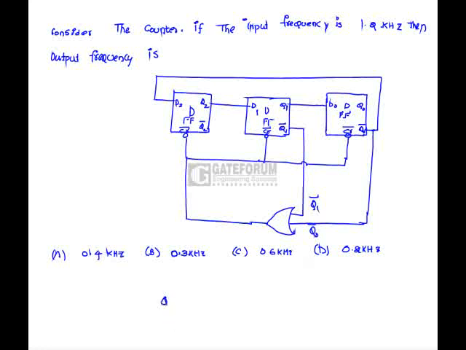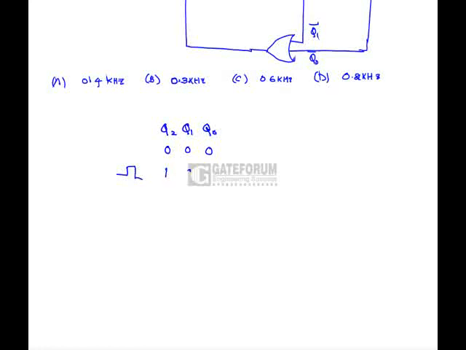Initially assume Q2, Q1, Q0 equals 0, 0, 0. For the first clock pulse it is going to be this, for the second clock pulse this, for the third clock pulse this. For this particular combination, Q1 bar is 0, Q0 bar is 0.